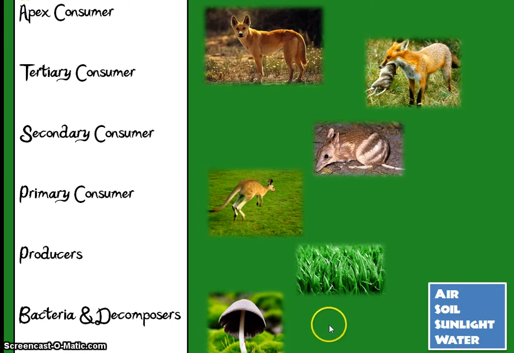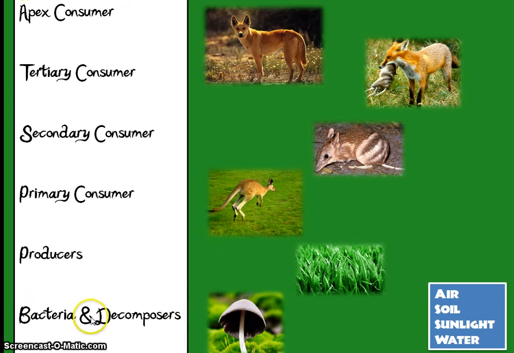So the most obvious one down here is our fungi. So our fungi are a decomposer. So their role is to basically break down the stuff in the environment. So dead things, break it down, put the nutrients back into the ecosystem, which the producers can then use to help themselves produce their own energy, which we'll get to in a minute. So our fungi down here belongs in the decomposers section.